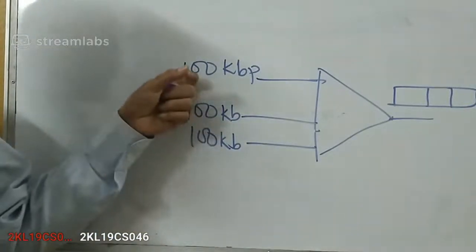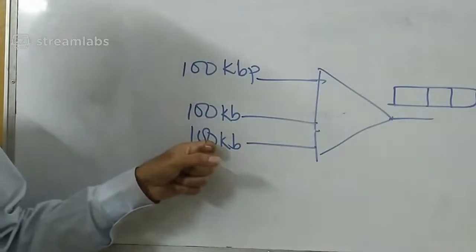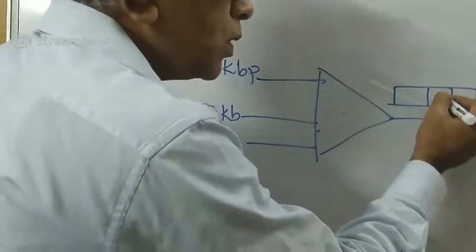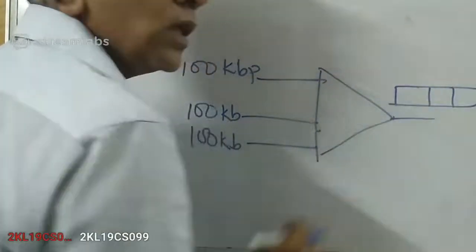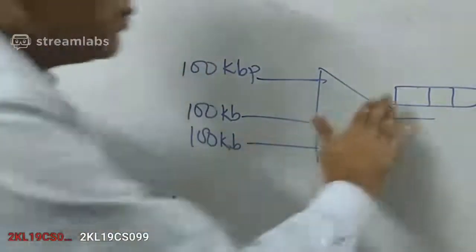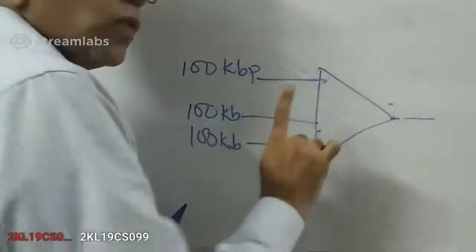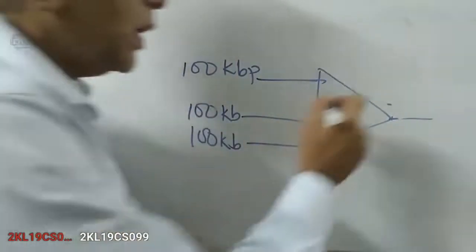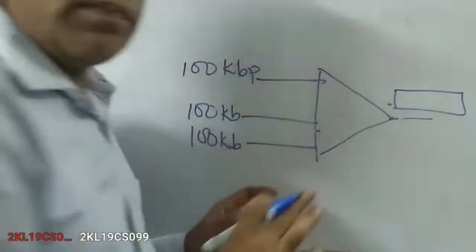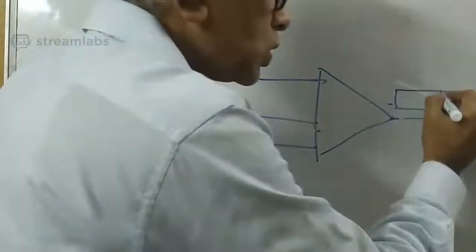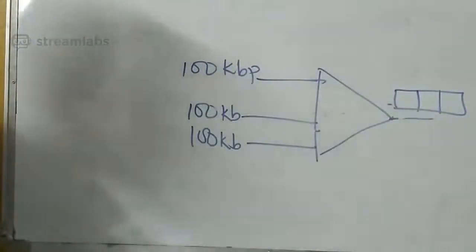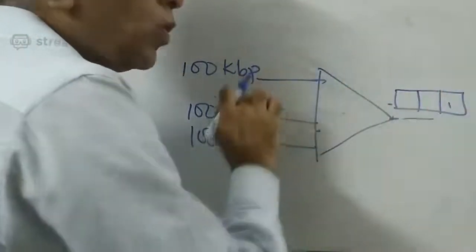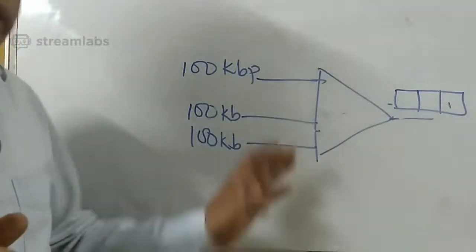Here it is 100 kbps, here it is 200 kbps. When it comes to a 200 kbps link, we are going to reserve multiple slots in the frame for it. Normally, a frame will contain one slot for every input link, so one slot is reserved for one input link.